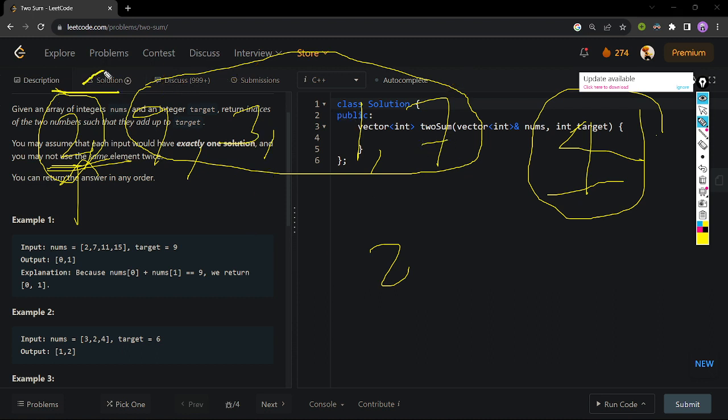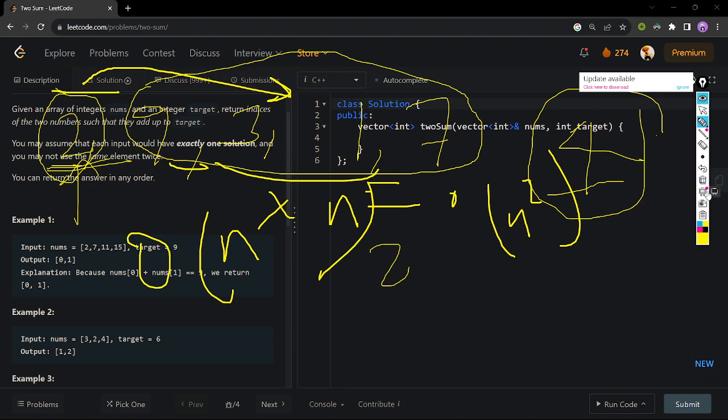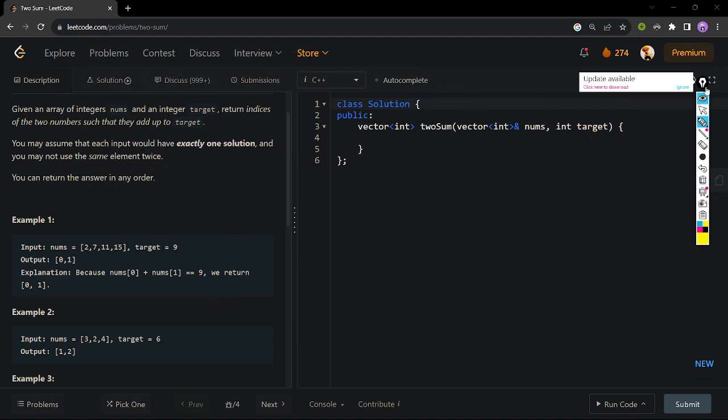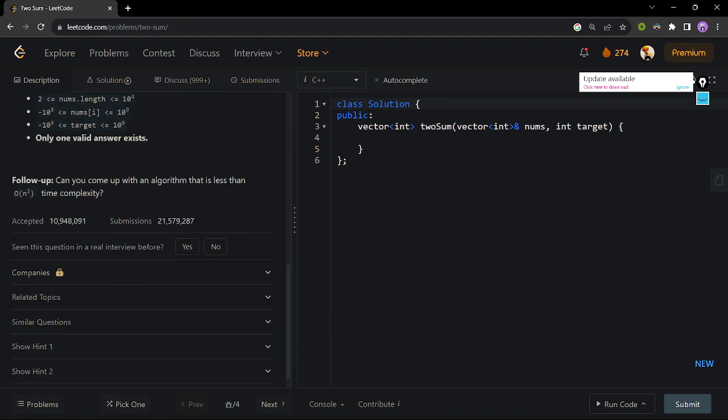As we are traversing from 2 through the rest of the array, and again for each element, this will take O of n cross n, that means O of n square will be its time complexity. But that will not be a good solution, to do it in O of n square. Here the constraint given is 10 to the power 4, so n square.